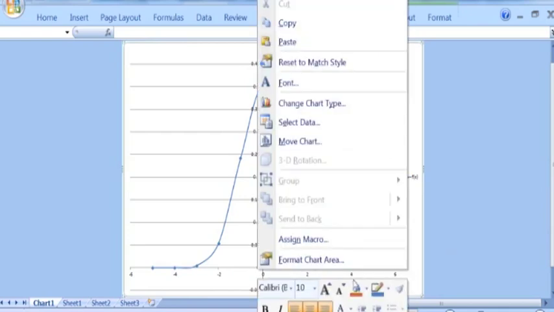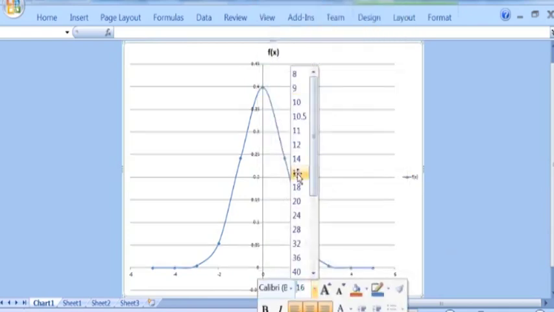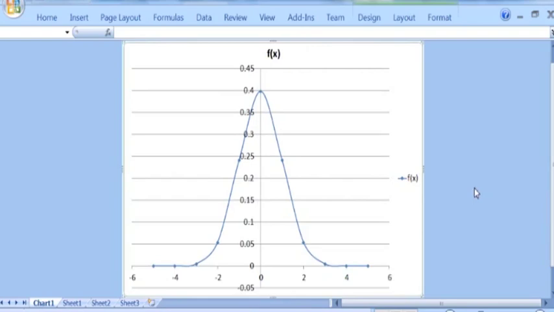So let me increase the font size. So you can see that the peak of this normal curve is at 0. So when x is 0, we get the highest probability, which is around 0.4 or 40%, or actually it is 39.89%, which is being shown in the Excel tooltip.